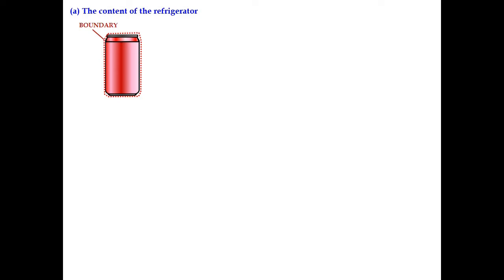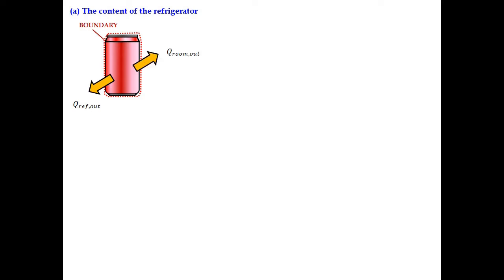So the boundary of our system just includes the content of the refrigerator. So for this case, we choose the soda can inside the refrigerator. The energy transfer involved is the heat absorbed by the refrigerant inside the refrigerator in order to reduce the temperature of the soda can.